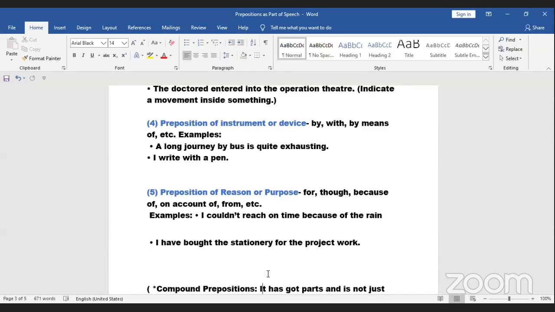Again, one more thing. For, we can use it to indicate goal or destination. He is leaving for America. For America, that is a destination.